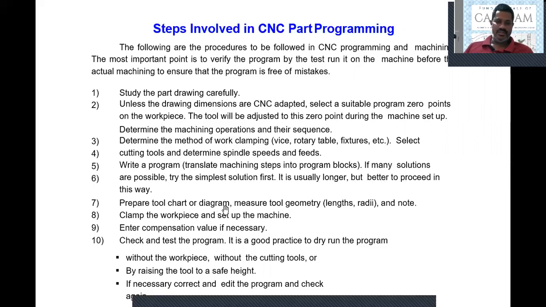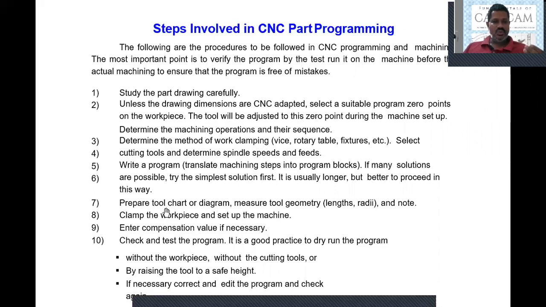We need to prepare what tools are required, the machine tools required, and the clamping devices required, and enter the compensation value if necessary. After looking at all this geometry and cutting parameters, we write a part program, right? Then if you have any optimized solution, we should choose that solution.